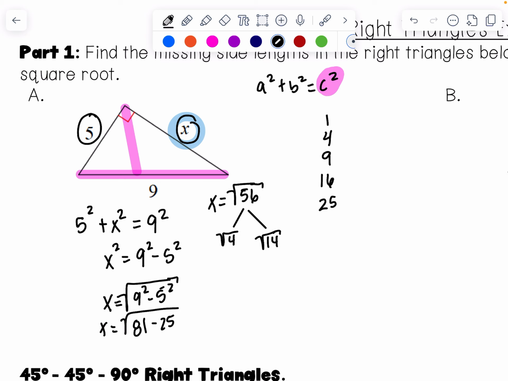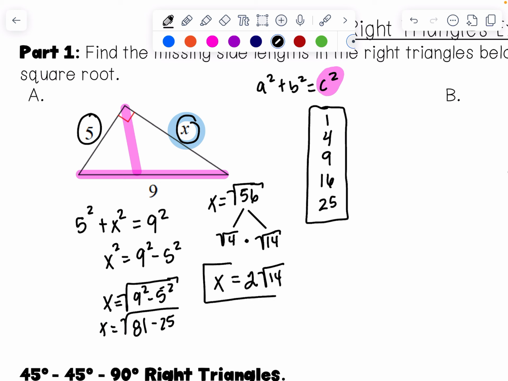Once again, I checked each of these to determine if they go into 56 evenly, because these are my perfect squares, and 4 was the largest one that went in evenly. The reason I like doing this is because now I can actually take the square root of 4. The square root of 4 is 2, and I can leave the square root of 14 as it is. So here's our final answer.